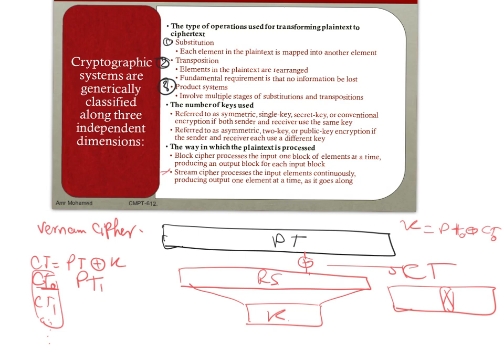Then you get the security strength of the block ciphers and the tolerance of the stream ciphers. Again, we're explaining so many things, but when we discuss it, it will become clearer and clearer. Now we know the difference between block ciphers and stream ciphers and the pros and cons of each one.